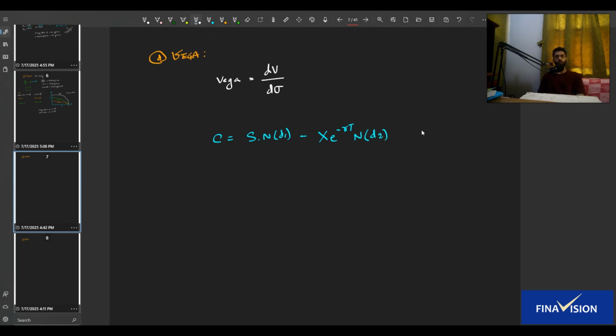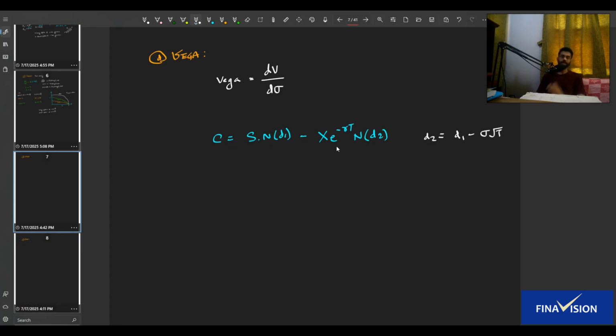Now d2 is basically d1 minus sigma times the square root of capital T. Capital T is the time to expiry of the option, right? Now we are specifically talking about European options, those options which can only be exercised at expiry.